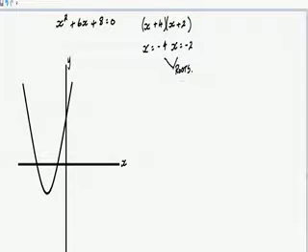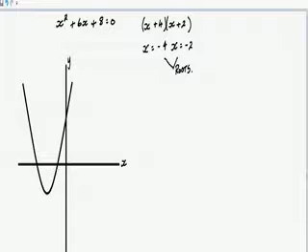And what we mean by the roots is where the line cuts the x-axis, because this equation can be drawn on a graph, and we get what we call a parabola.